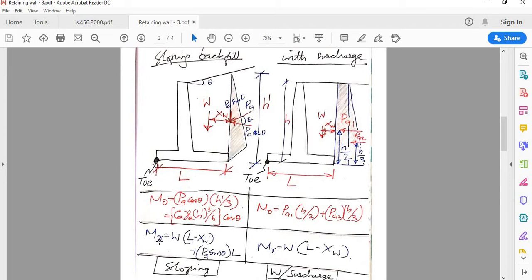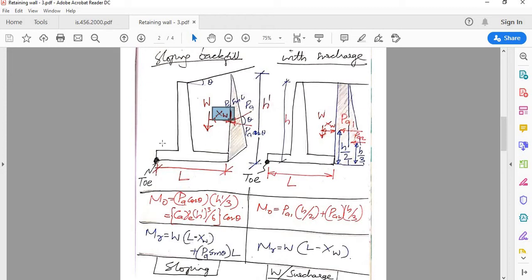Now restoring moment. When it comes to restoring moment, as we said, primarily you have this W, the self-weight of all the things, which is acting at a certain point. The resultant of that is acting at a certain point, let's say at a distance of xw from the heel portion.